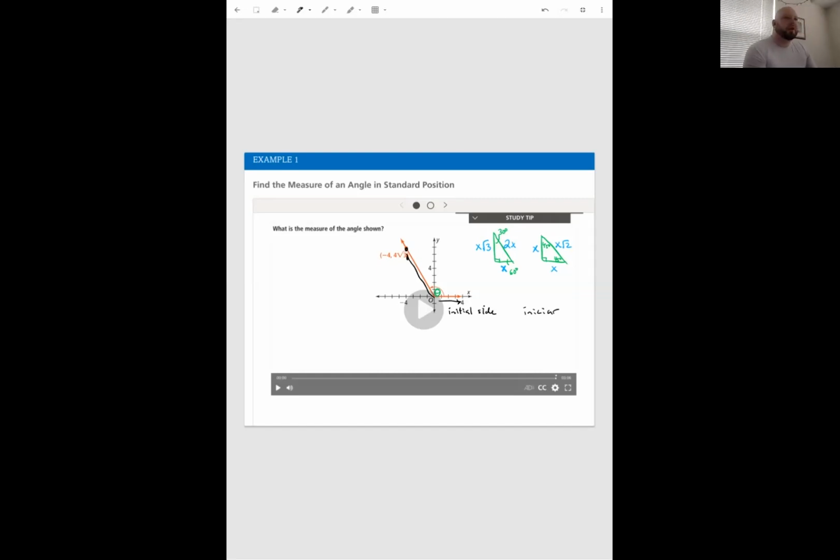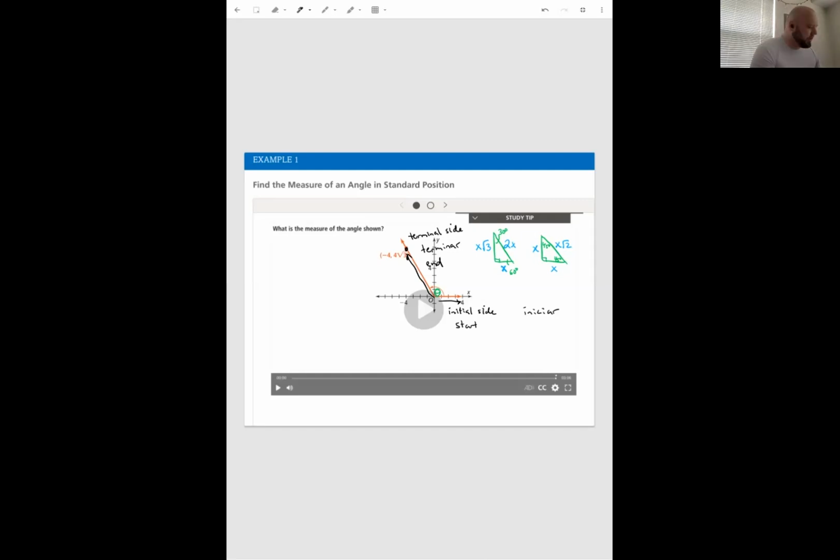If you think about a word in Spanish that looks very similar to terminal, that's also a verb, kind of like iniciar is a verb, hopefully you can come up with the word terminar, which means to finish or to end. So the terminal side is where you end. The initial side is where you start. This is your starting side, and this is your ending side.